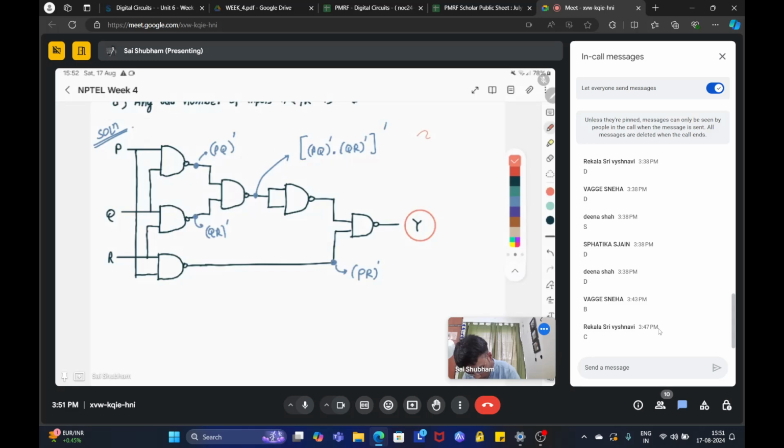Suppose A and B are two signals to a NAND gate. The output is AB bar, right? So these two are outputs from the previous gates. Okay. One is this, another is this. I hope this is clear.